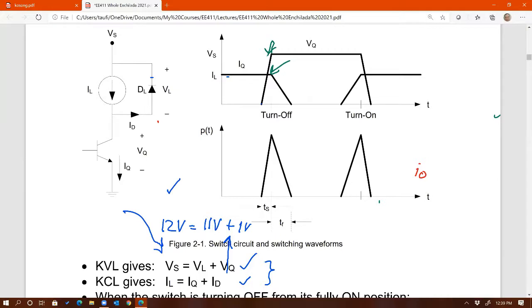They occur at the same time. I should say there is a time when both voltage across the switch and current through the switch are at their max values. Why is that bad? Because that would give you P max, the maximum instantaneous power for the overlap.